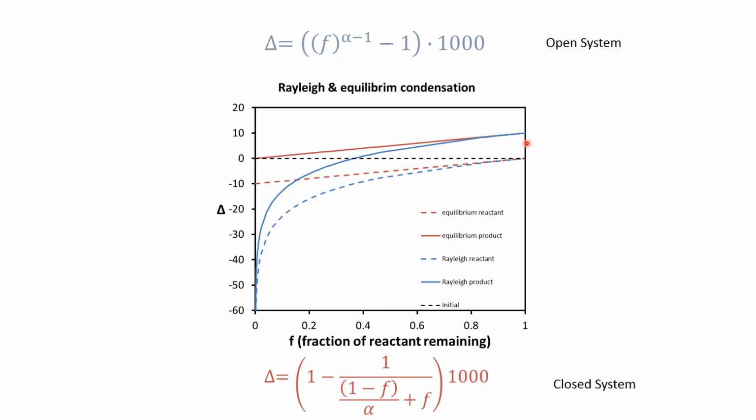So the difference between the blue curves and the red curves is effectively the difference between an open system, where you condense the water vapor and then you take it away and you don't allow it to interact or re-equilibrate with the water vapor, whereas the red curves are if you have a sealed system and you condense out the water, but you allow it to equilibrate back with the water vapor.